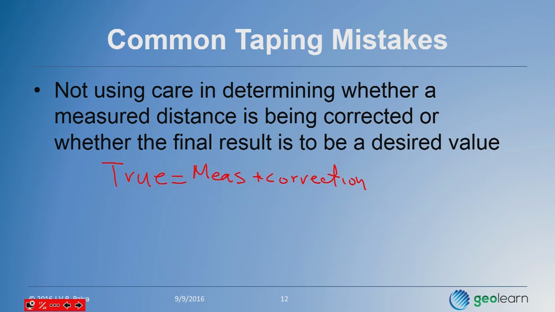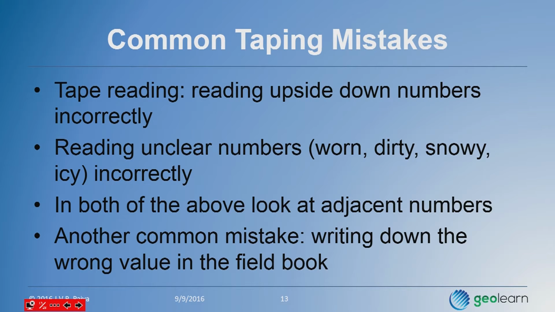And so are you solving for the true, or are you solving for what to measure out? And that's the first area that people have a lot of trouble with. And this is something you can have trouble with in EDM and other kinds of technologies as well.